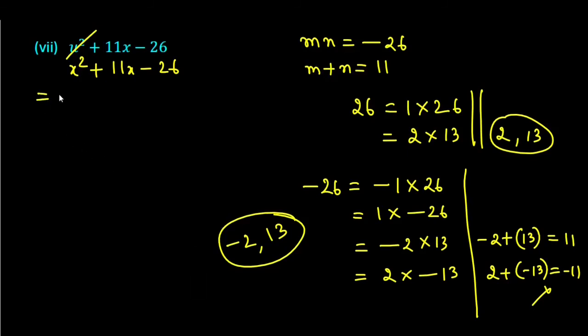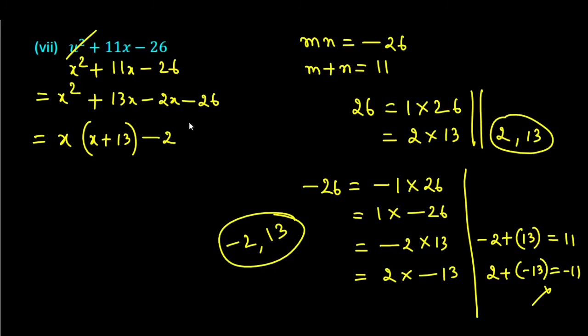So this can be written as x square. Here 11x can be written as 13x minus 2x minus 26 as it is. Taking the common factor of these two terms, x into x plus 13. Now we have to obtain x plus 13 here, so we take minus 2 as a common factor.